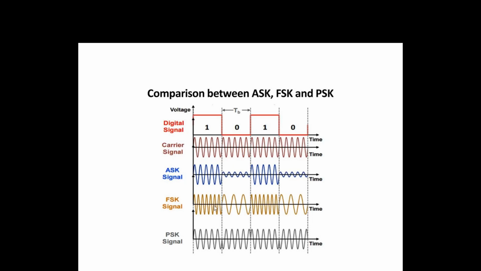Next waveform we have the frequency shift keying, as we have seen earlier. The concept of frequency shift keying is that the frequency of the carrier signal varies with respect to the input digital signal. If we receive the input bit as 1, then the modulated signal frequency is high.